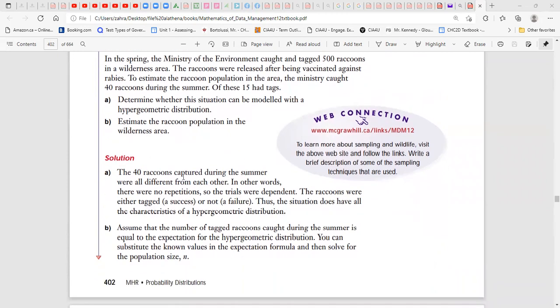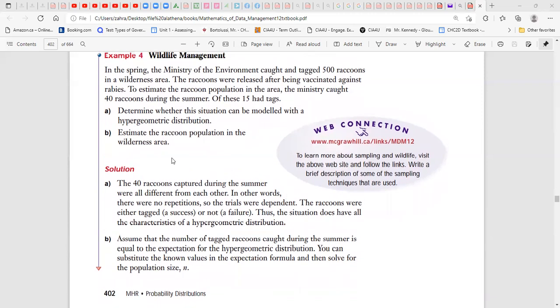The 40 raccoons captured during the summer were all different from each other, so they are not identical objects. In other words, there was no repetition, so the trials were dependent. The raccoons were either tagged or not tagged, success or failure. The situation does have all the criteria for a hypergeometric distribution.